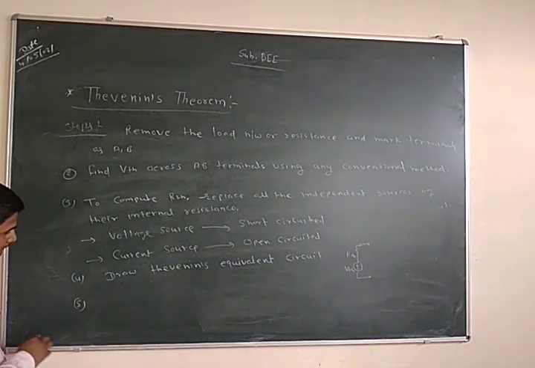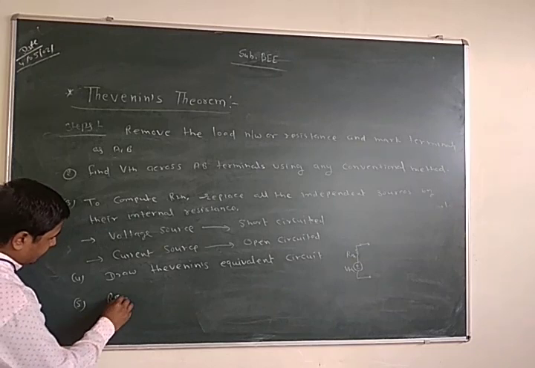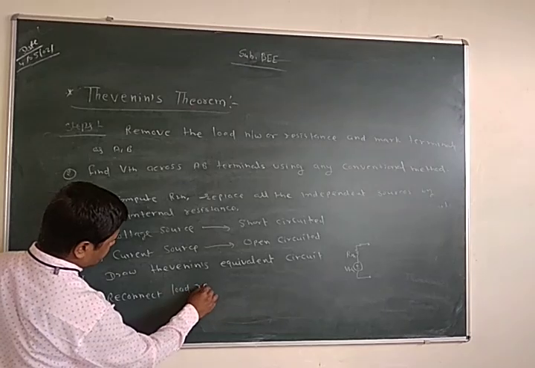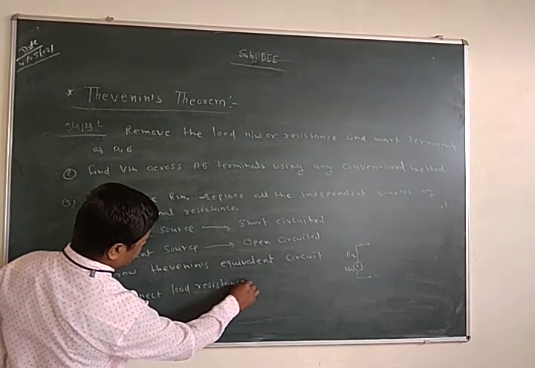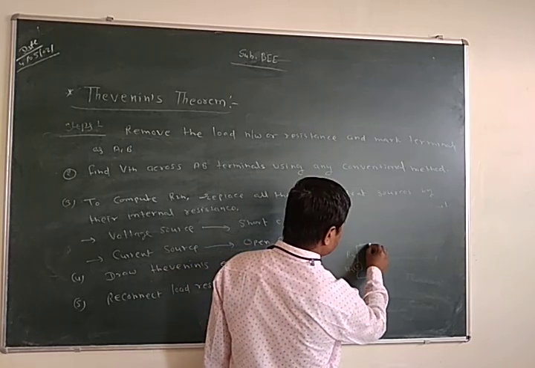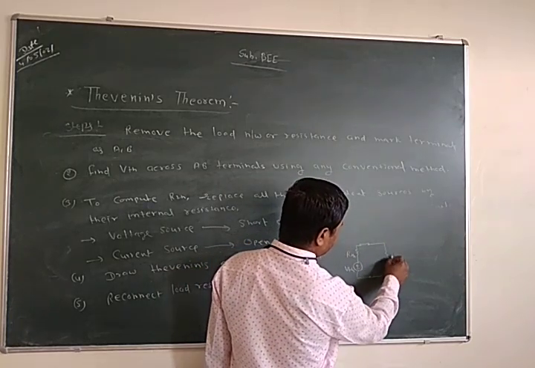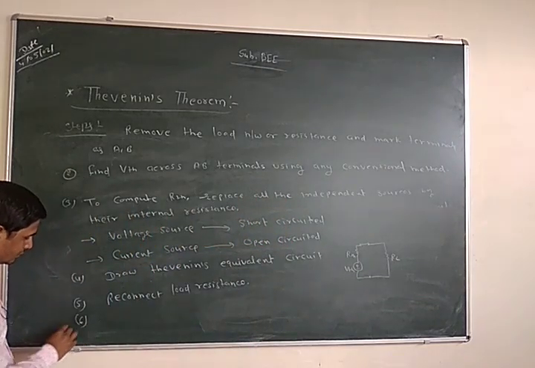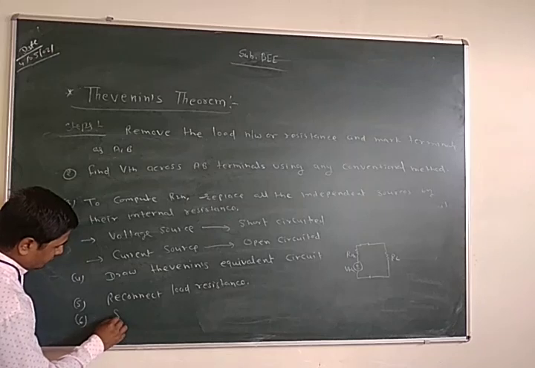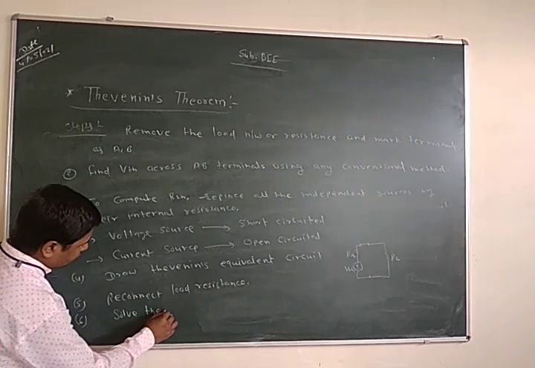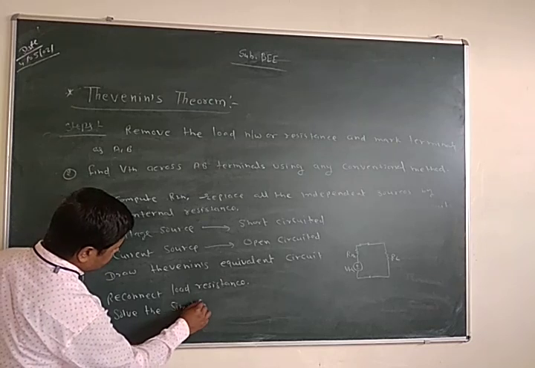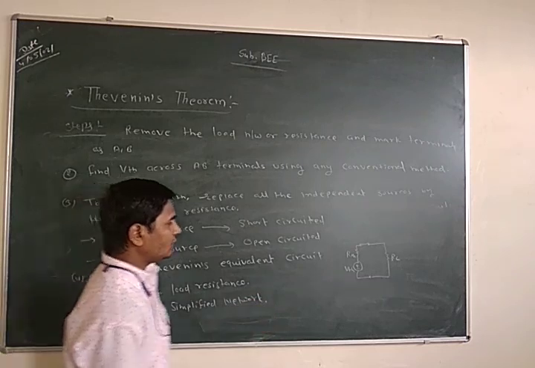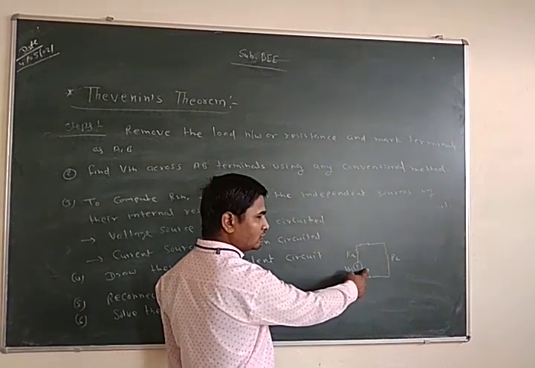Next step, step 5, reconnect the load resistance. And last is solve the simplified network. Now this is the simplified network, and we can solve it.